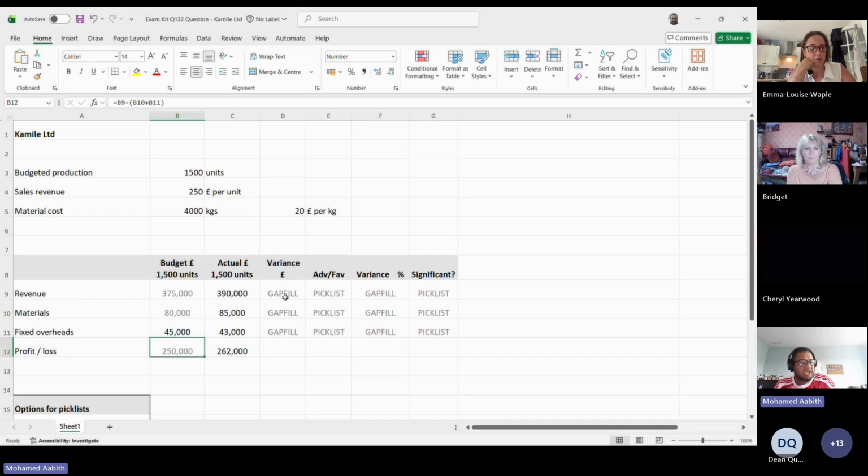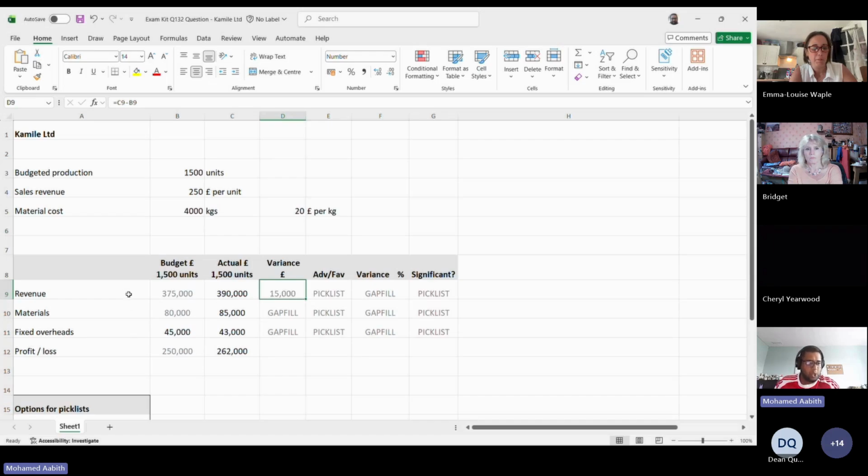So we have to decide how we do the formula for this. In this scenario, my formula for the variance is going to be C9 minus B9, because obviously my actual revenue is higher than my budgeted revenue. So this gives me a positive number, which is good for me. This is what I wanted.